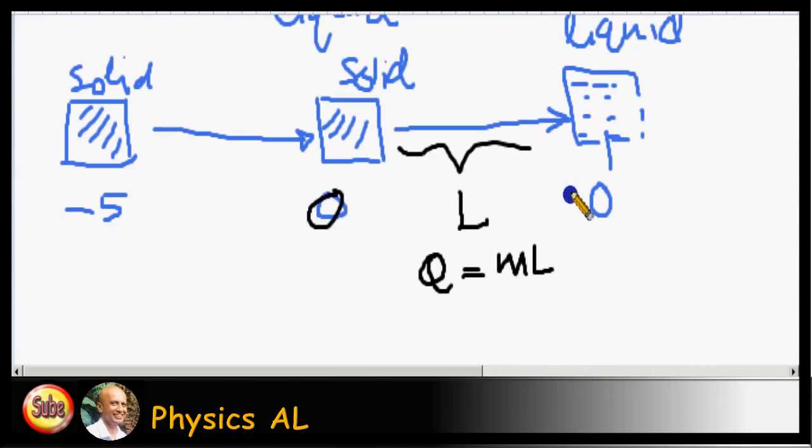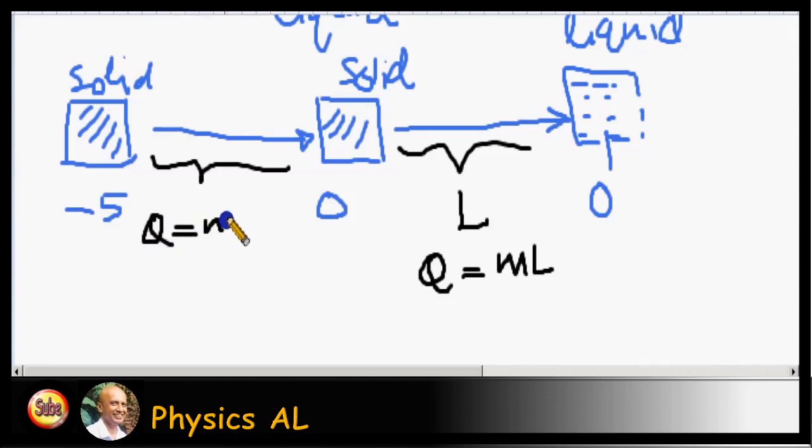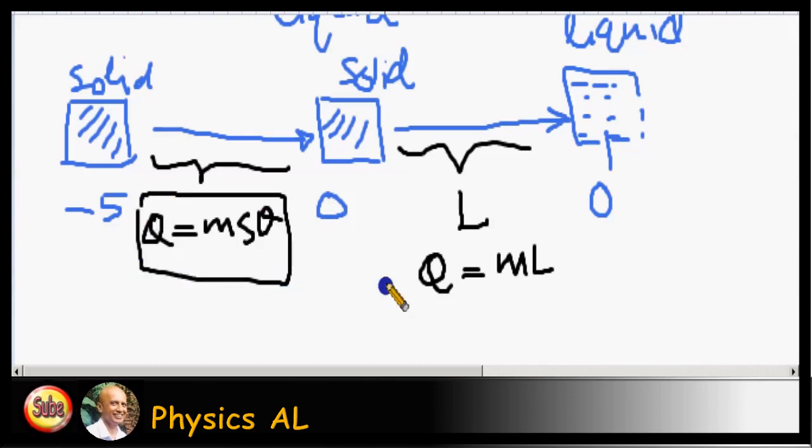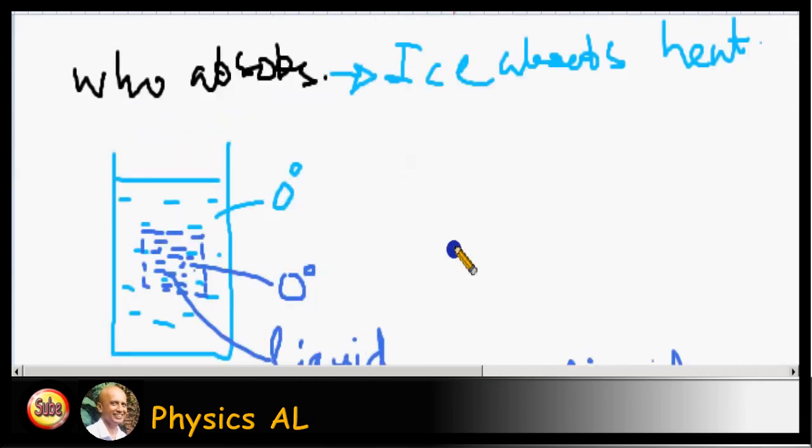Then theta is not there in this equation. The first part does not involve change of state, so the equation is Q equals m s theta. So this amount of heat ice absorbs.